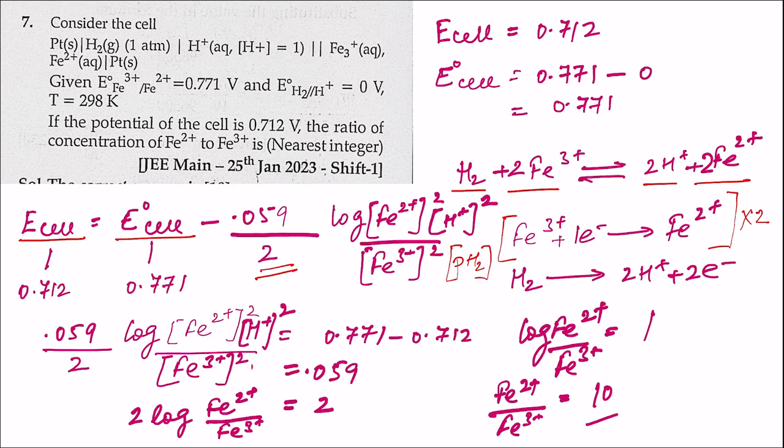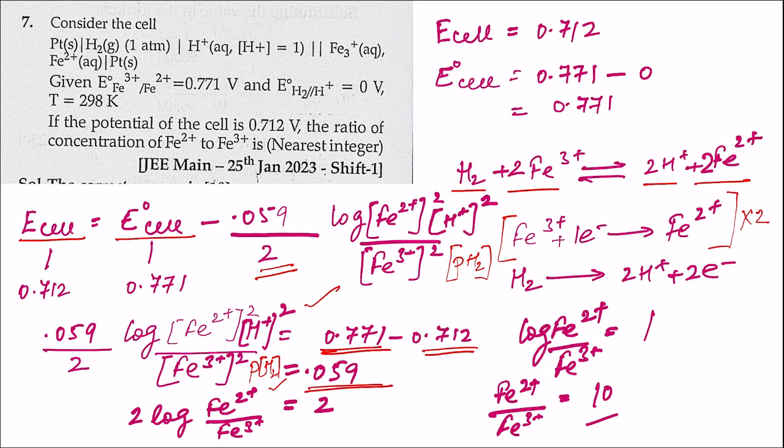Now putting the values, E naught cell is 0.771, E cell is 0.712. So rearranging the equation, 0.059 by 2 log product by reactants is equal to 0.771 minus 0.712, which is equal to 0.059.